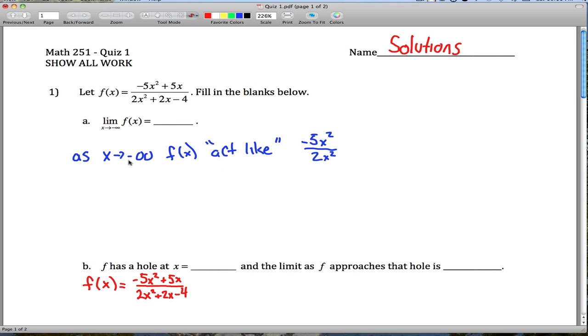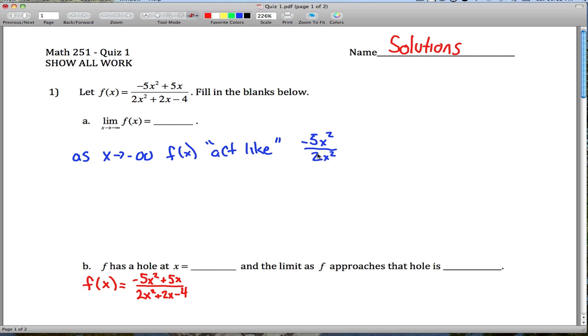The logic behind that is when x gets really, really large or really large negative, the x squared terms, the term with the biggest degree, is going to be so much bigger than these terms over here with smaller degrees that they're going to kind of overpower them, so the function will be close enough to this function for our purposes.